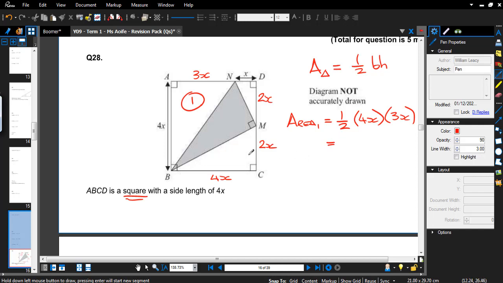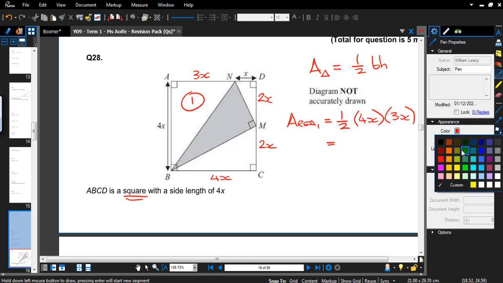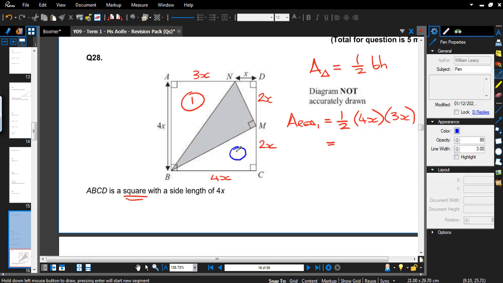Alright, and then let's get the area of this, let's call it 2. So area 2 equals half of 4x, but this time times 2x.